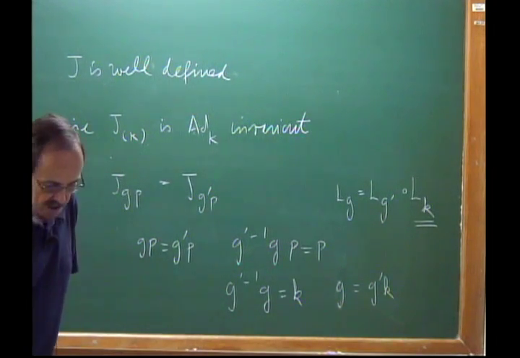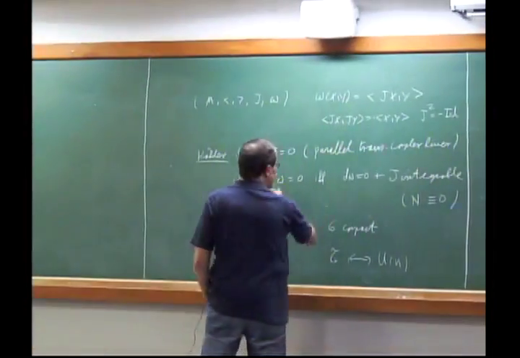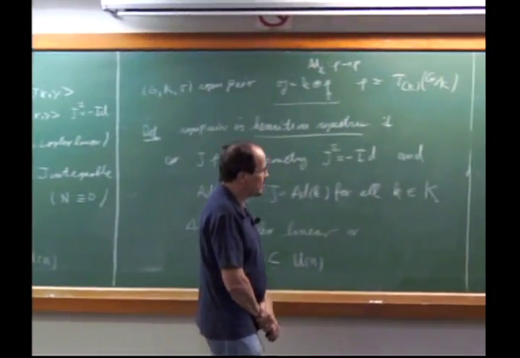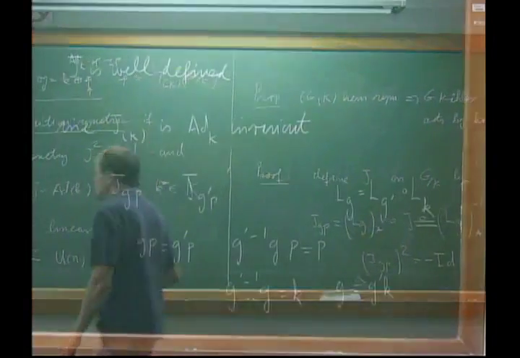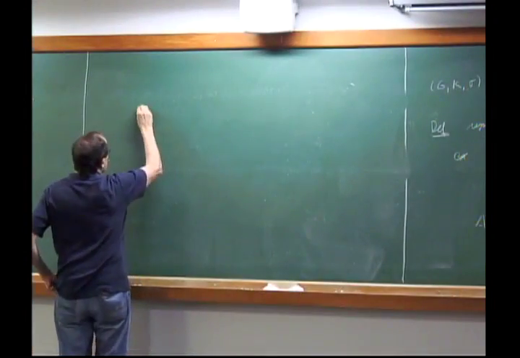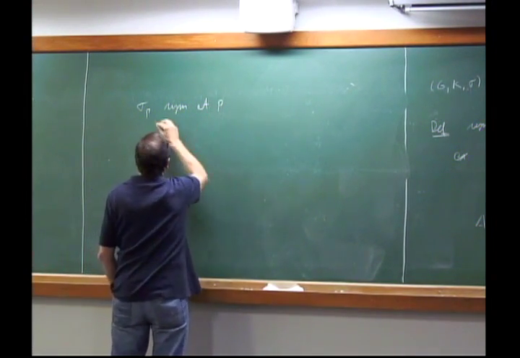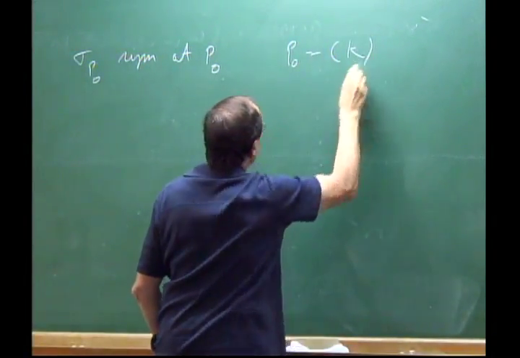Now I need to show, for example, that it's parallel. This here would be one way to see it's scalar. For this, let's look at the following. So outside the symmetries, for my symmetric space, which has symmetries, let's do it at the point P naught. P naught was my chosen base point.